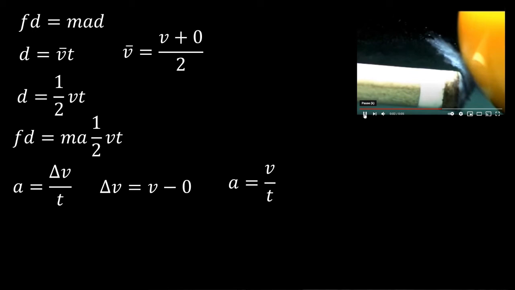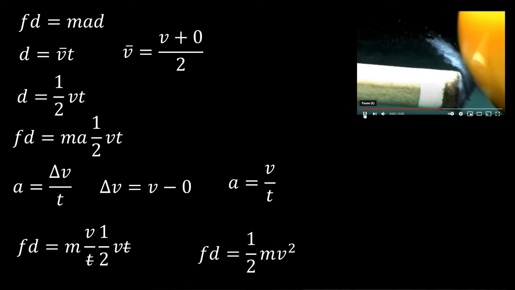So we now have force times distance equals mass times velocity over time times half velocity times time, which simplifies to force times distance equals half mv squared. Like momentum, this quantity is also conserved and is called kinetic energy.